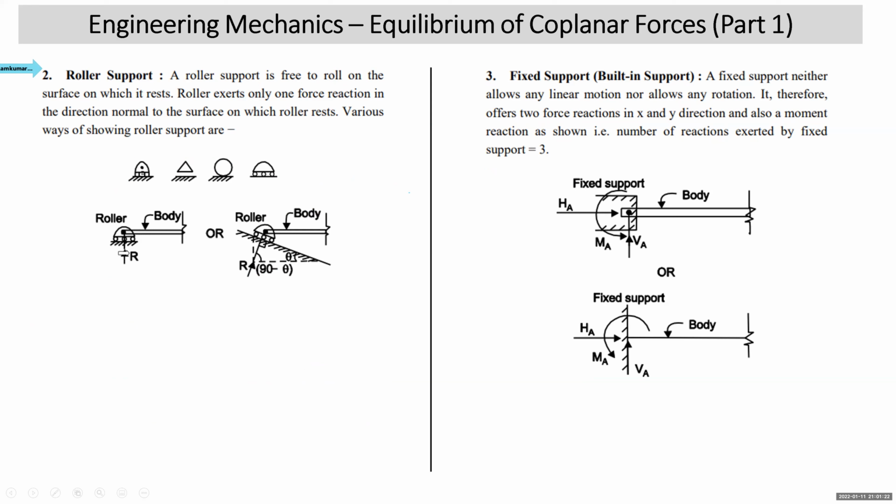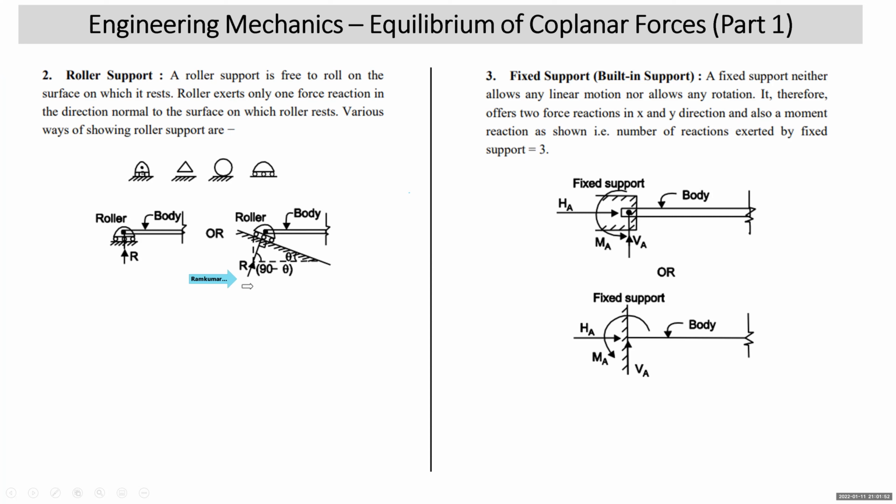Roller allows the body to slide along the plane, but it provides normal reaction. In this case, the roller is resting on horizontal plane, so the reaction exerted by the roller will be vertical. On this side, you can see that you have a plane which is inclined at angle theta with the horizontal. There is a roller which is resting on this plane. So roller will exert normal reaction.